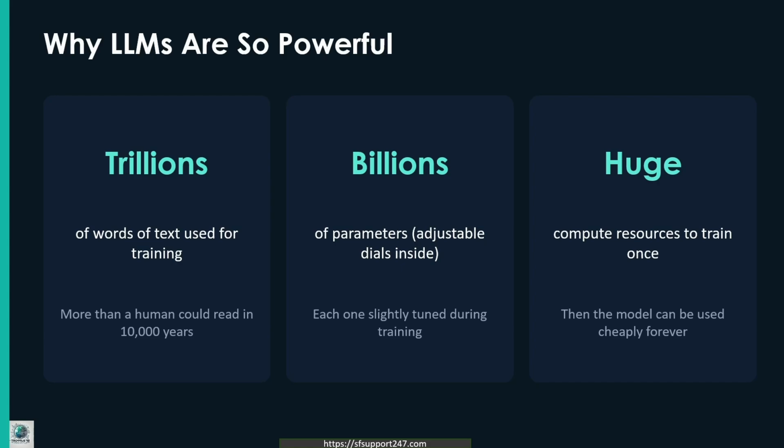It requires a lot of compute, meaning a lot of CPUs, GPUs and memory or database or data infrastructure. That's the reason it's called huge. So LLMs are powerful because they read a lot of things and are adjusted, and also a lot of computing power, meaning a lot of resources, is used in order to train an LLM.